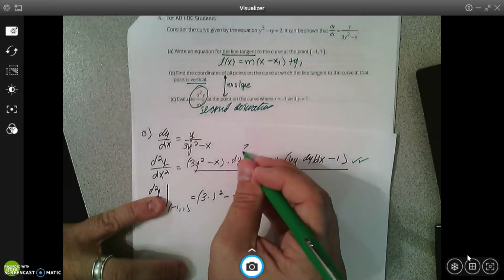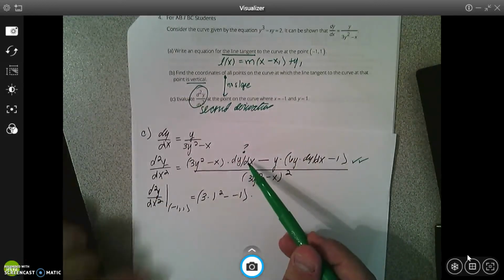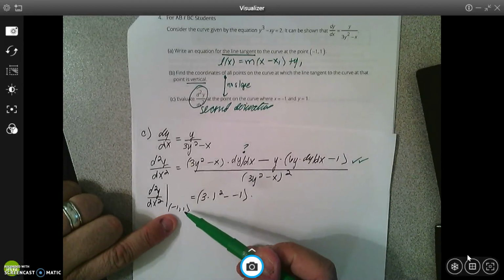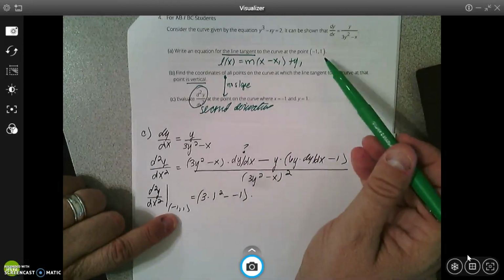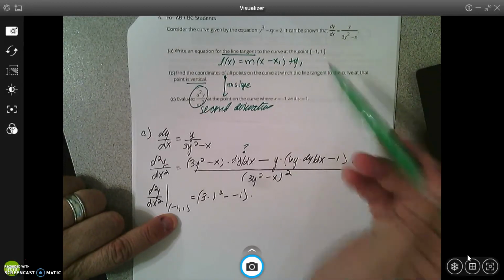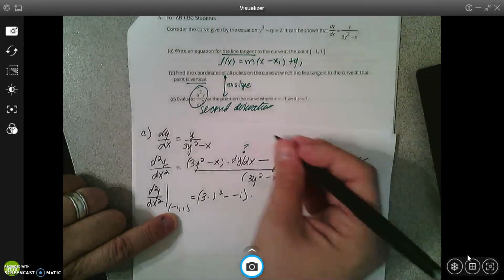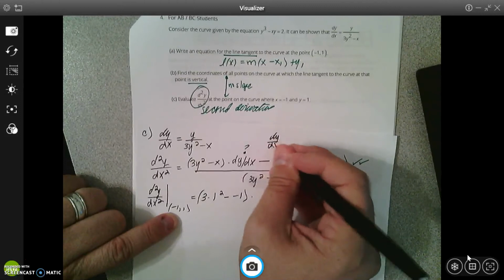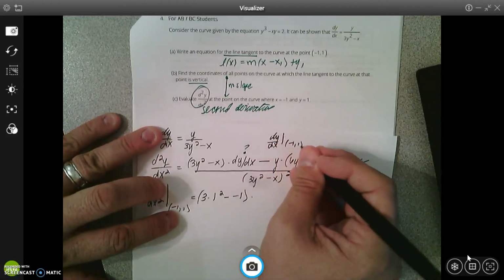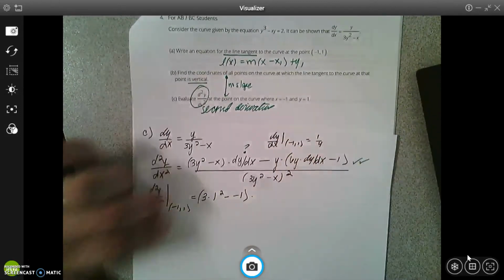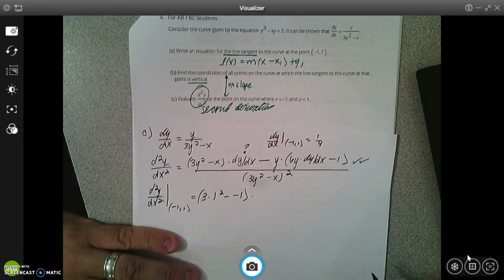Well, how are we going to evaluate dy dx at this point (-1, 1)? Oh, right, we already did that work all the way back here in part A. In part A, if you recall, we determined that dy dx at (-1, 1) is equal to 1/4.